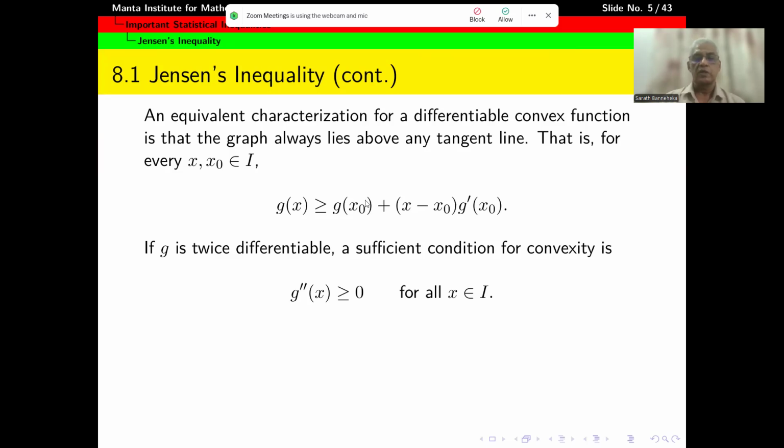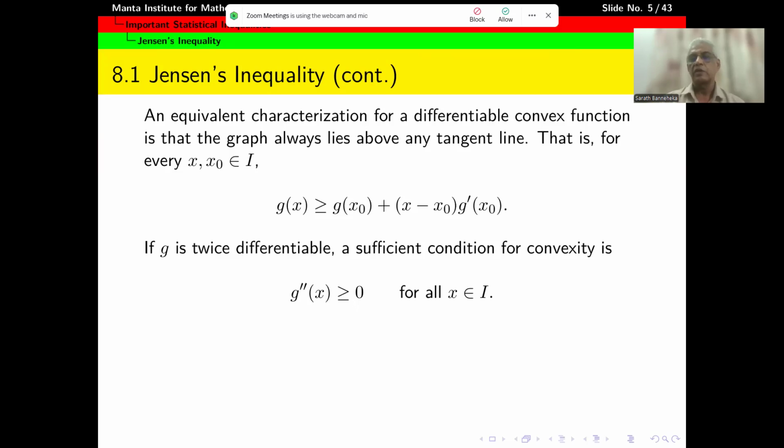So you can consider this characterization when the function g is differentiable. If it is twice differentiable, then we can again characterize a convex function as a function whose second derivative is always greater than or equal to 0.